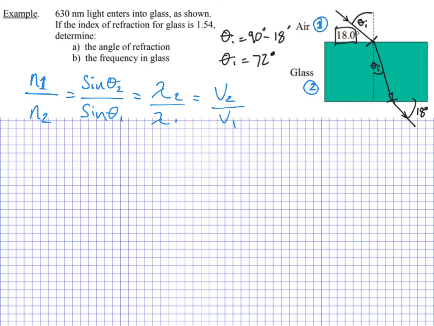All of these are possible to use. Notice that the one thing we don't have in here is frequency. So the other thing we need to think about here is if we need to bring frequency into the picture, then we need to think about our universal wave equation, which is that the speed of the wave is equal to lambda f, or in other words, the wavelength times frequency.